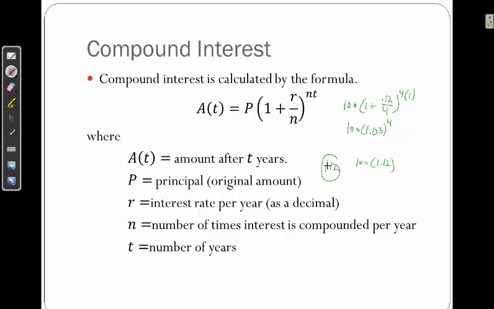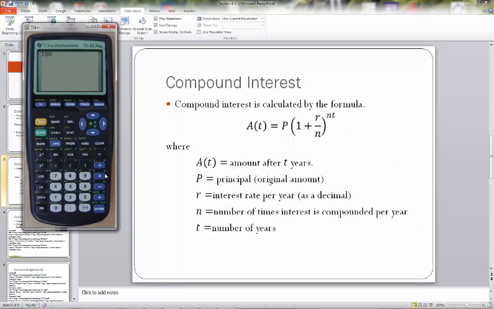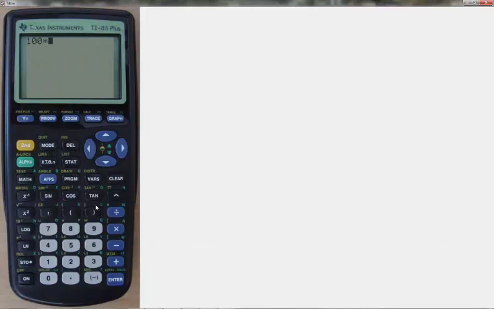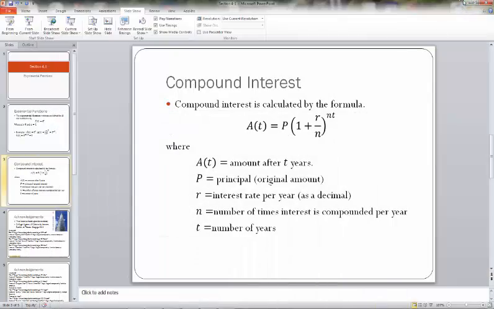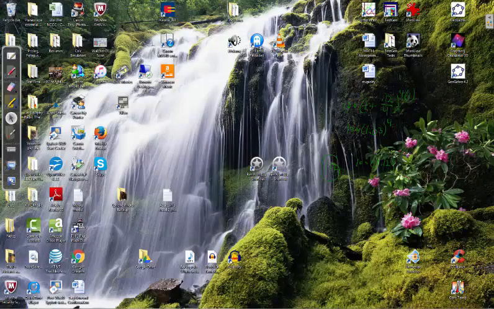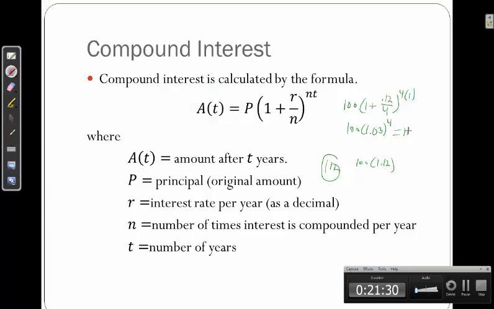So if we do 100 times 1.03 to the 4th, we'll have 112 and 55 cents, which is more money. 112 and 55 cents.